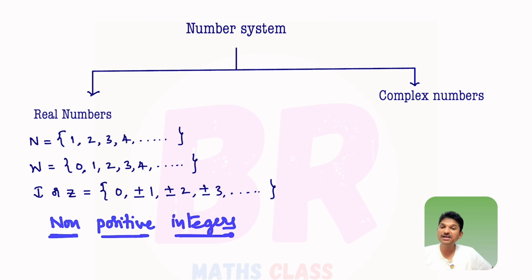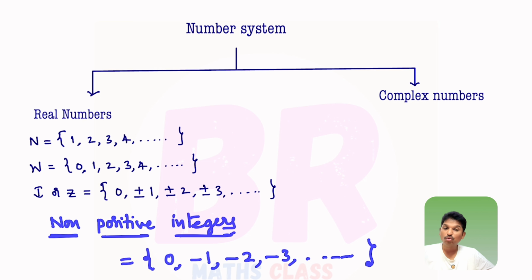What is meant by non-positive integers? Not positive. In this set, what elements will come? 0 is not positive, right? -1 is not positive. -2 is not positive. -3 is not positive, right? What are these numbers? These are all non-positive integers.